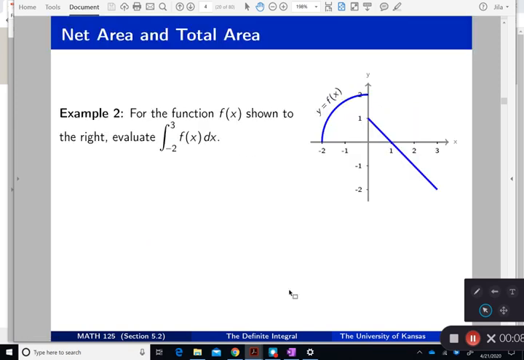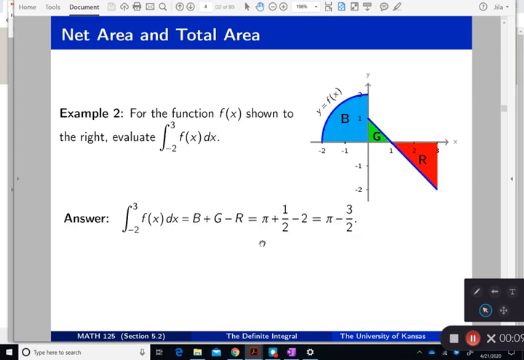Okay, net area and total area. So let's say, what's the difference between them? Net area, again, is the area underneath the positive part above the x-axis, minus the area above the negative part below the x-axis. That's the net area.